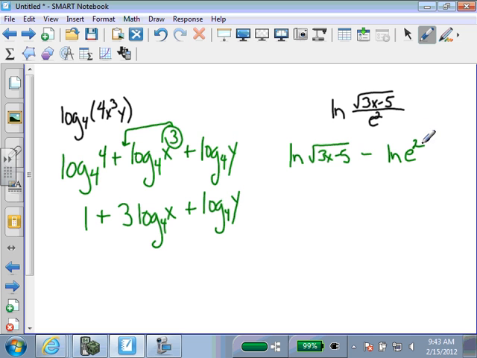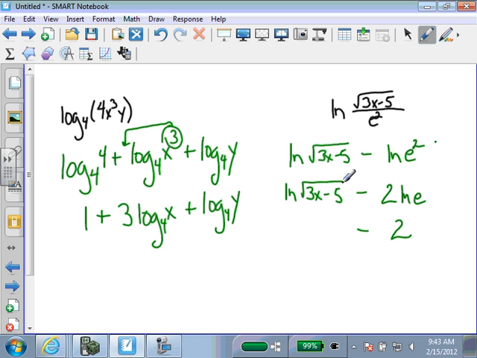That square could come out in front. So I would have natural log of the square root of 3x minus 5 minus 2 natural log of e. But the natural log of e is 1. So this is 2 times 1. This is 2.